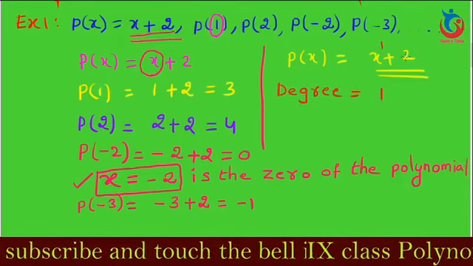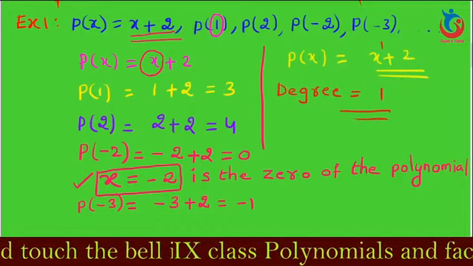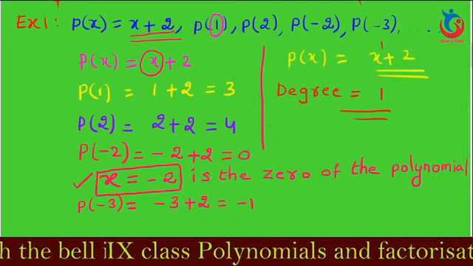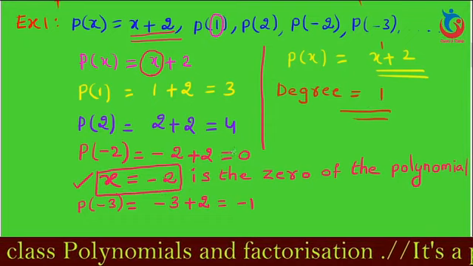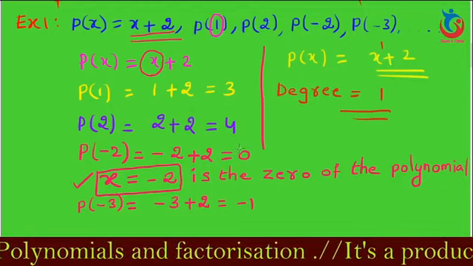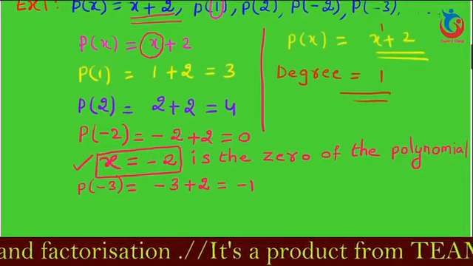For a constant, the degree is 0. So if the degree is 1, we get only 1 zero of the polynomial. So x is equal to minus 2 is the answer. No need to find the remaining when you are asked to find the 0 of the polynomial. The remaining values we can find.